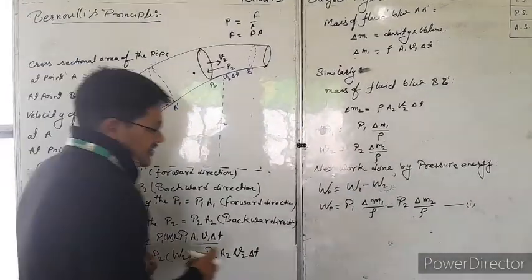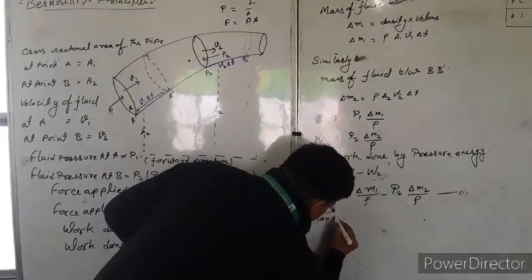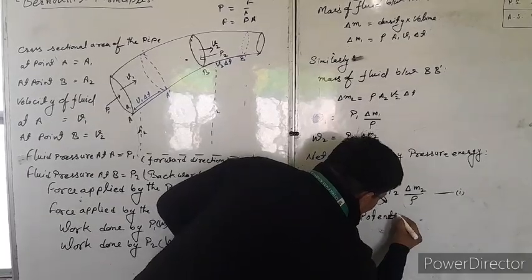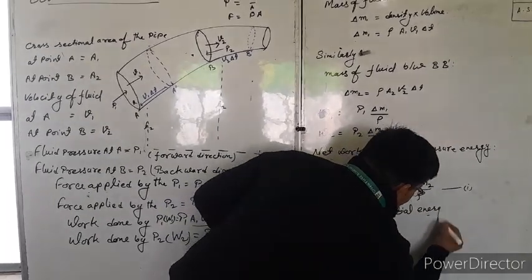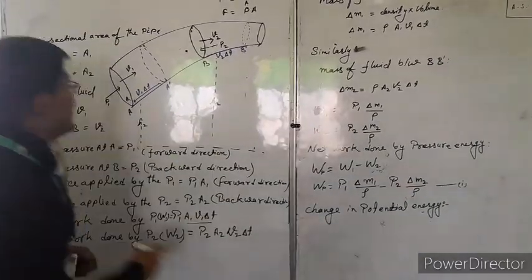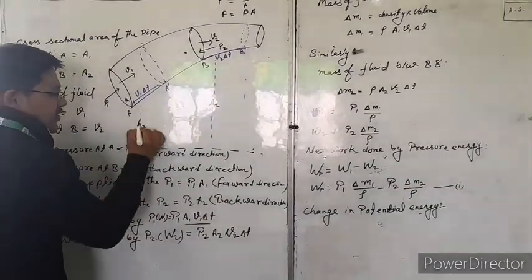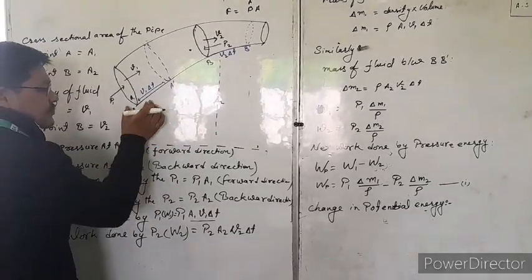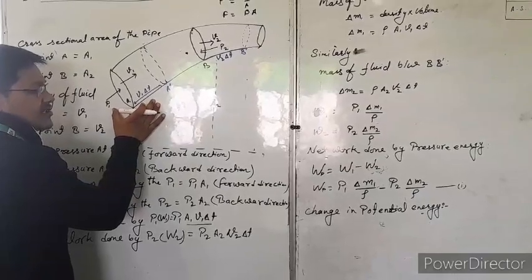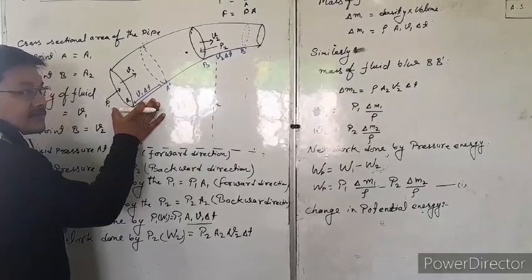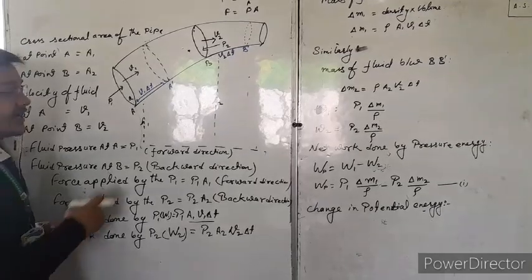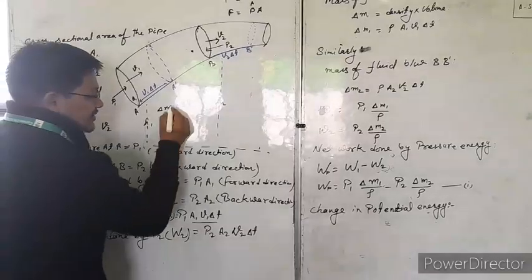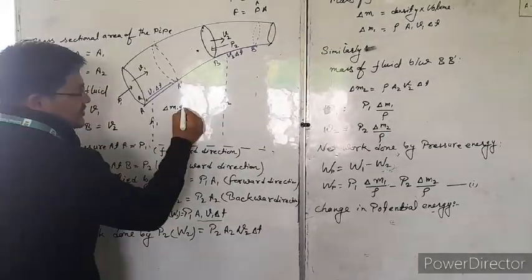What will be the change in potential energy? At this point, the potential energy of the fluid will be mgh, that is delta m1 g h1.